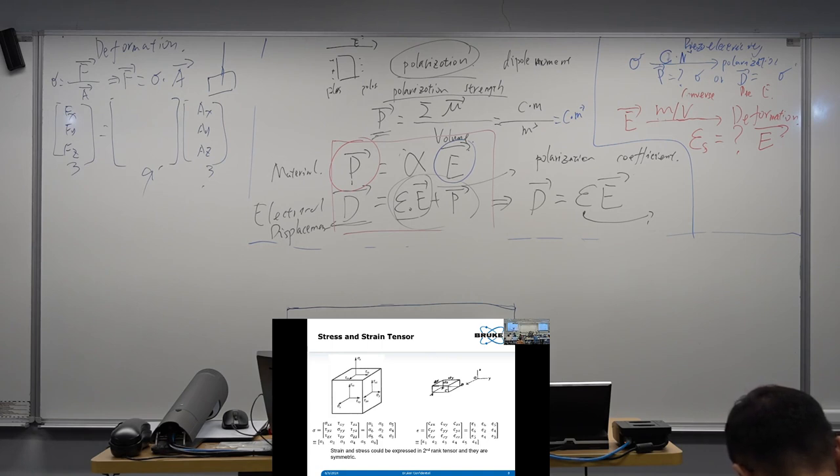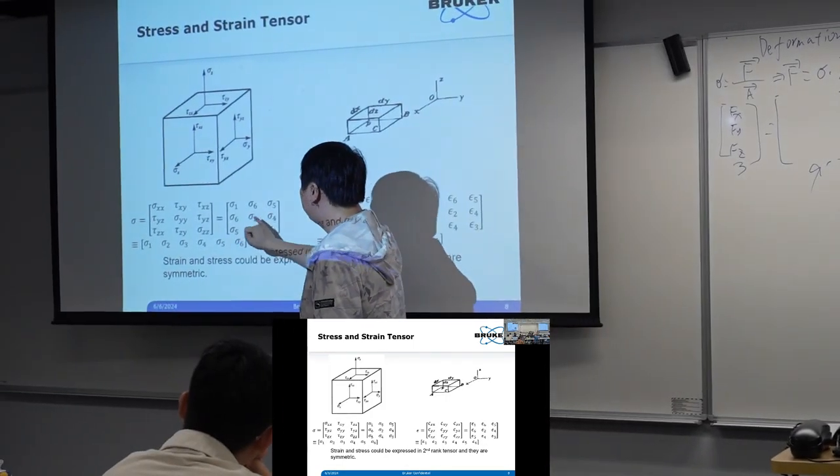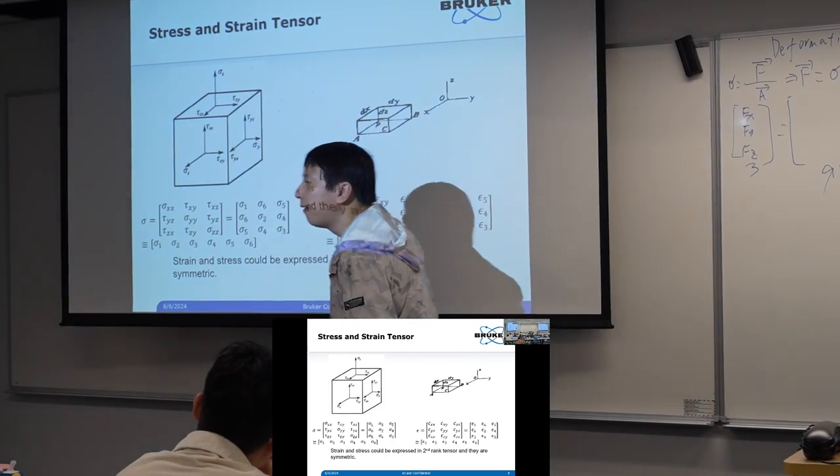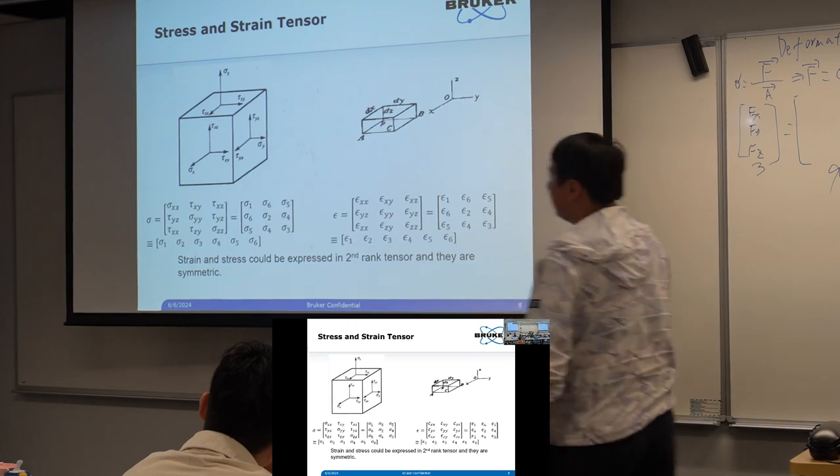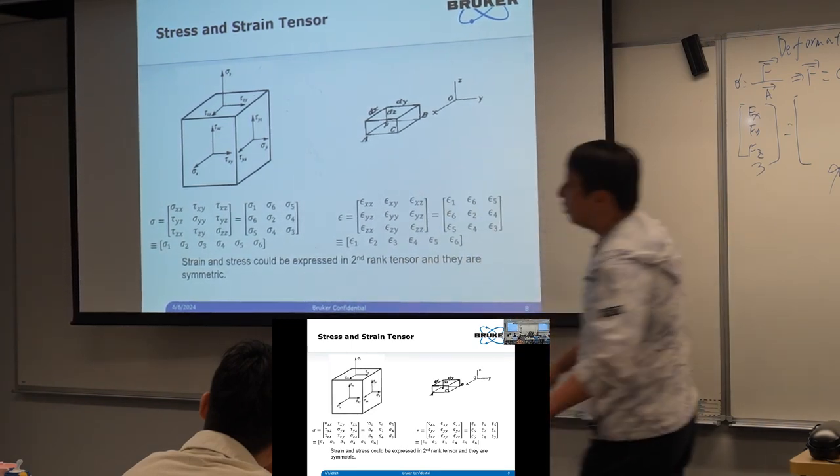Since it's symmetric, this one equals this one, this one equals this one, this one equals this one. So we only need 6 terms to describe it. And one Russian guy gave these numbers, 1, 2, 3, 4, 5, 6. So that's the stress, and the same thing goes for the strain.